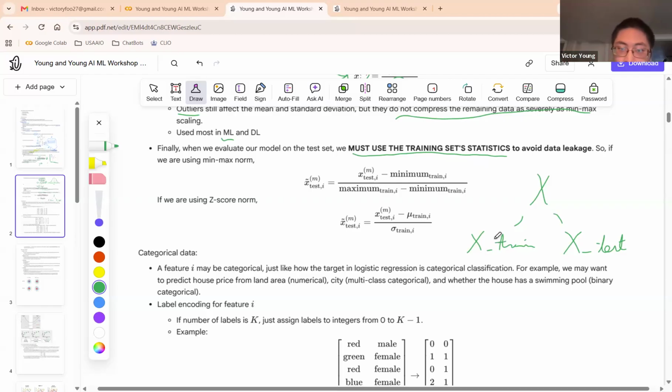So when we're standardizing X, we will use the mean and standard deviation of X train. And when we standardize X test, because if we standardize X train, we'll also have to standardize X test because the model has learned the standardized distributions.